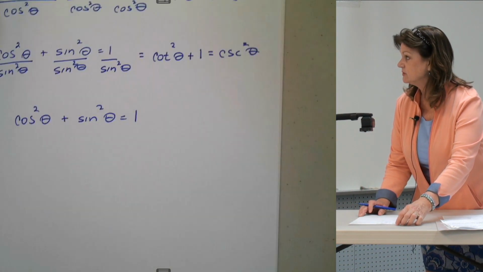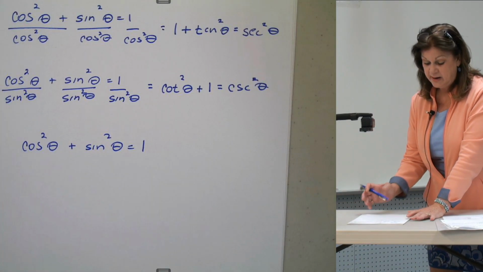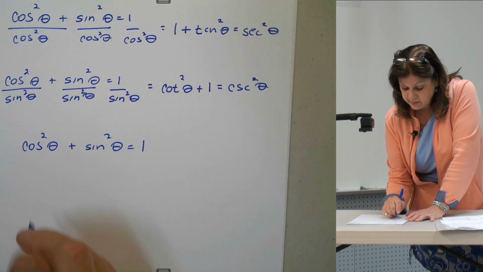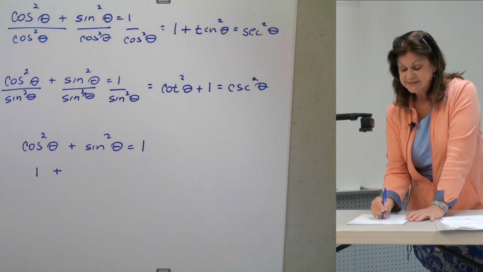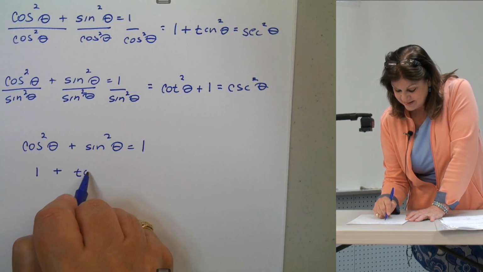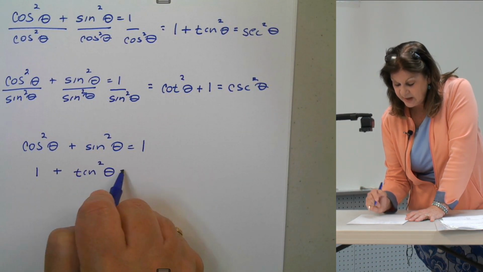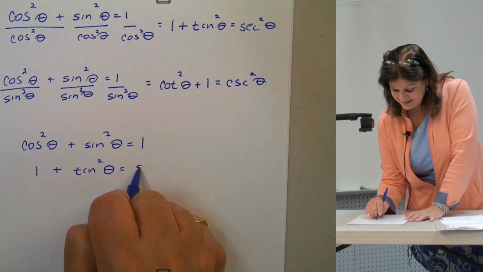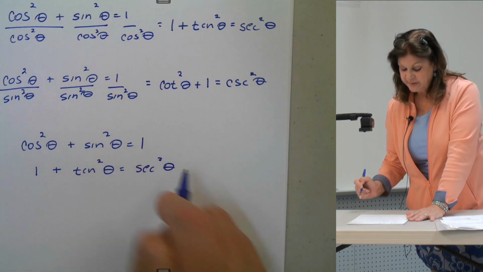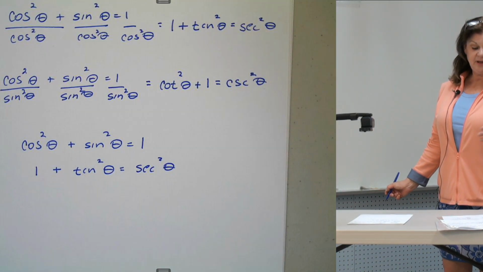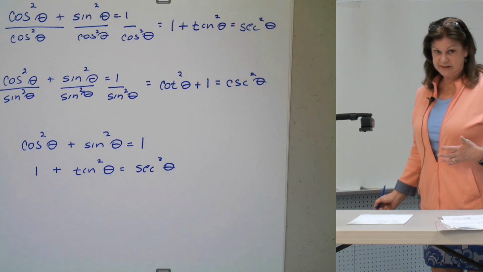Let me leave this up here so you can see it while I'm writing. In your head, cosine divided by cosine is 1. Sine divided by cosine is tangent. And 1 divided by cosine, secant squared. So there's your first identity that comes off the granddaddy equation.